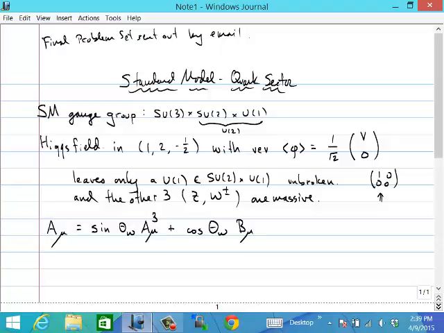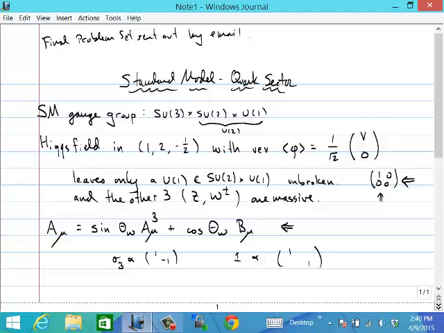And so sigma 3 is proportional to 1, minus 1, and the identity matrix is proportional to 1, 1. And so, since the gauge field that is unbroken is the one proportional to this matrix here, it's just a linear combination of A3 and the U1 hypercharge. Okay, and that's what this linear combination is here.